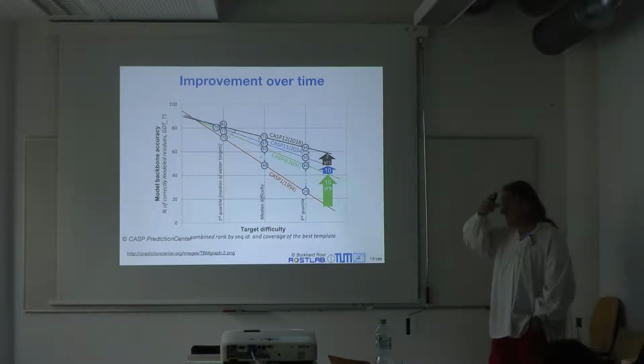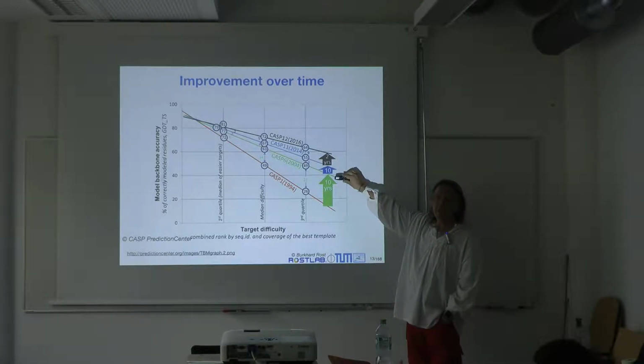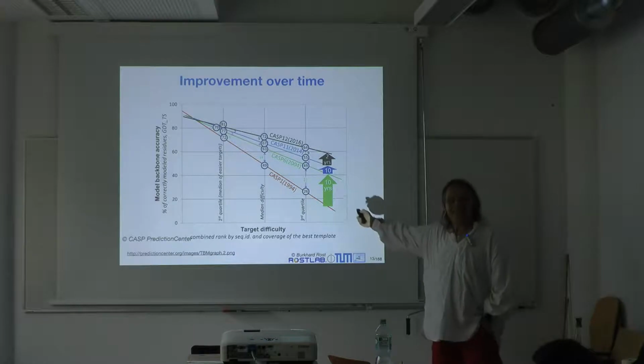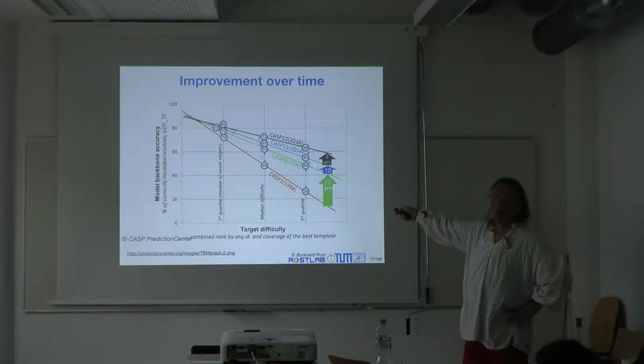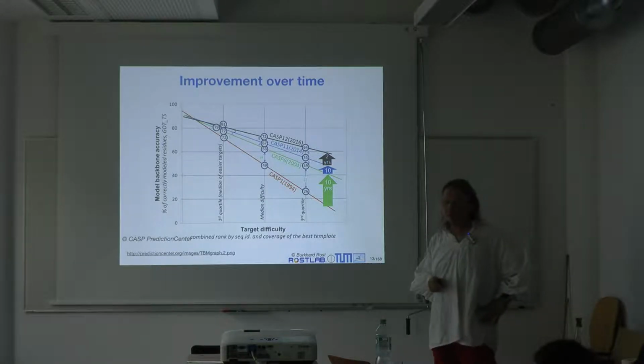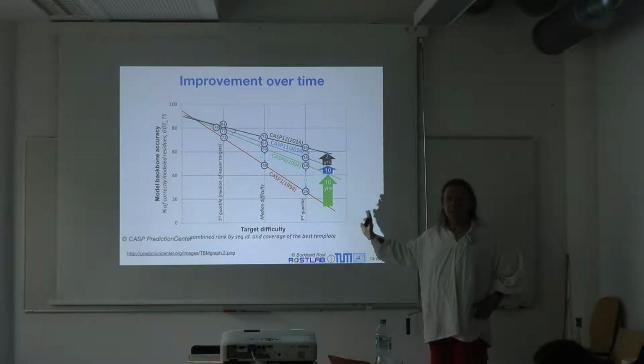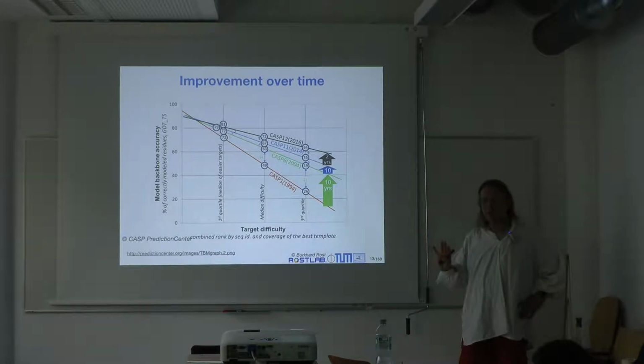For very easy targets, they model more than 90%, okay? The first 10 years bring you to the green line here. The next 10 years bring not that much increase, but then you see a jump over these 2 years. And a lot of these increases have to do with the increase of the wealth of the information in the database. This slide here is done at CASP 12.